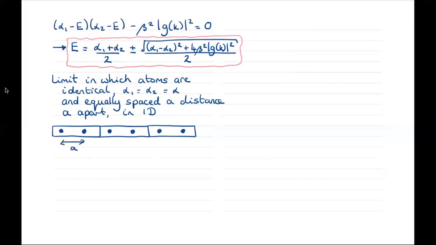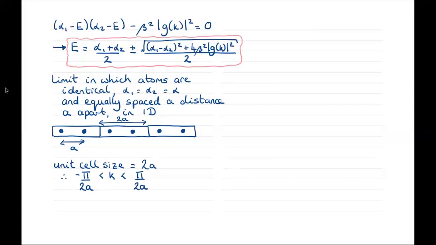We see now that if our atoms are spaced a distance a apart, our unit cell has length 2a, and so our range of k values is now from minus pi, instead of minus pi over a, it's minus pi over 2a, through k equal to 0 to pi over 2a, because we've doubled the size of our real space unit cell.